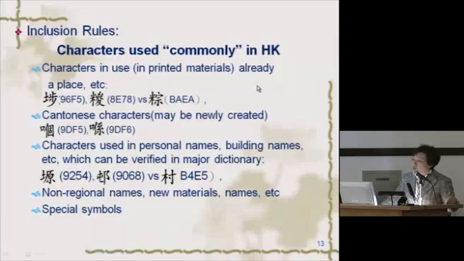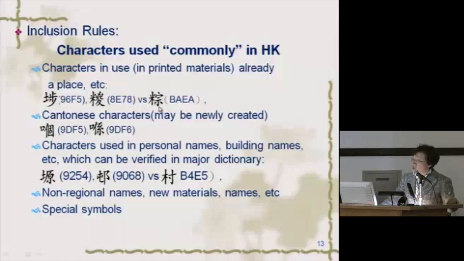The inclusion rules, and you can see one of the things is that it has to be commonly used in Hong Kong. And this is a character, this is Shen Shui Bu, one of the places, a very popular place in Hong Kong. So it's a place name.